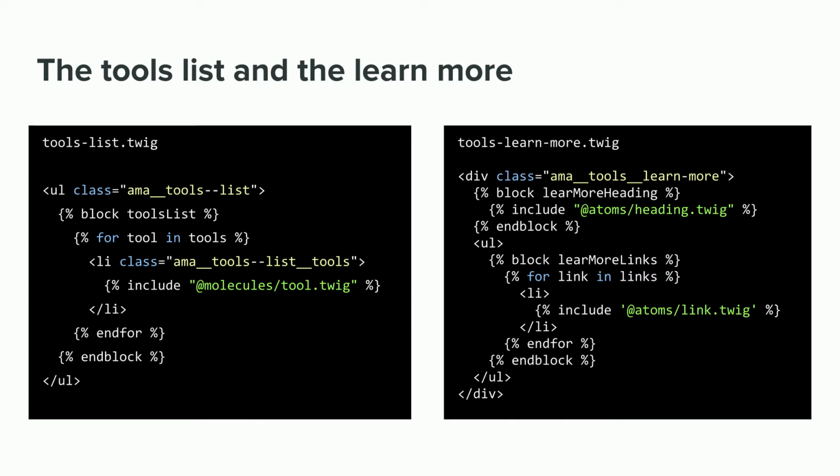But most of what we're doing is creating a twig block and putting it in a list and wrapping each LI. Similarly on the learn more, same kind of concept. We're creating another twig block. We added a heading, and then we have another block inside of it. For each LI in that list, we loop through and print out a link. Not overly complicated, but it's a good amount of work when you start to reverse engineer it.